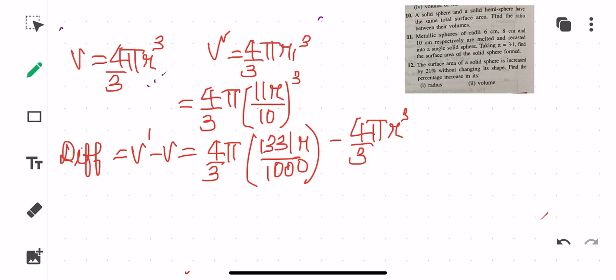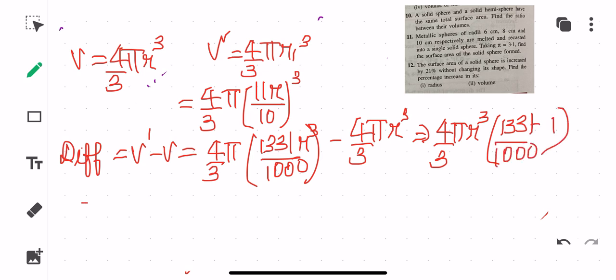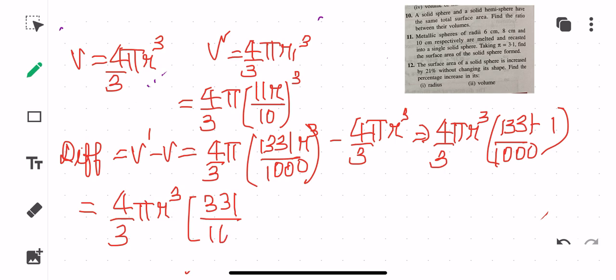So here of course this is also cube. 4 upon 3 pi r cube you will take common, and then we are left with what? 1331 upon 1000 minus 1. So this is equal to 4 upon 3 pi r cube into, if you take the LCM, 331 upon 1000. So this is the difference.